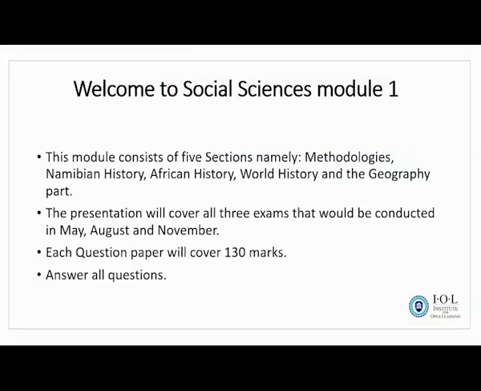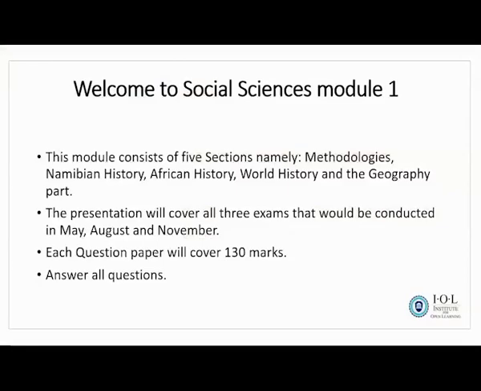Welcome to the Social Science Module 1. This module consists of 5 sections, namely Methodologies, Namibian History, African History, World History, and the Geography section.